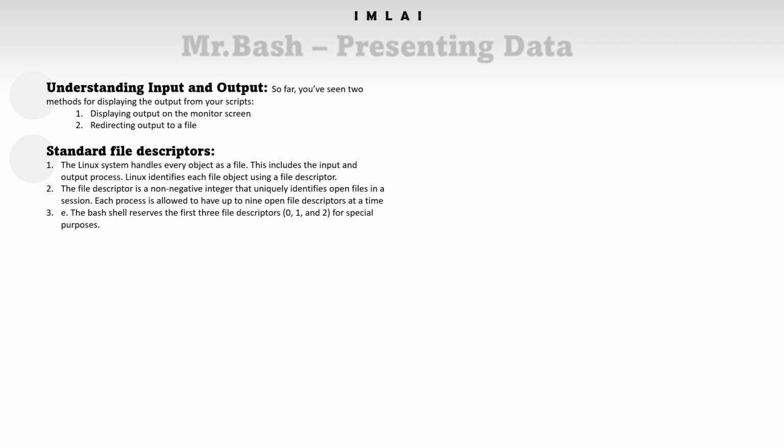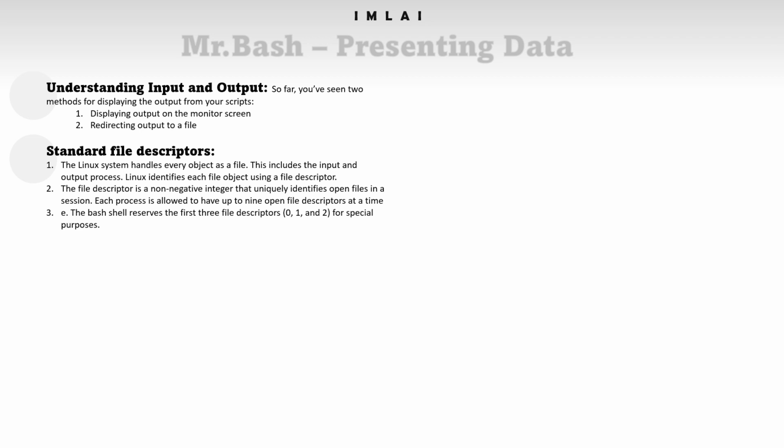The file descriptor is a non-negative integer that uniquely identifies open files in a session. Each process is allowed to have up to 9 open file descriptors at a time. Based on this logic, the bash shell reserves the first three file descriptors, 0, 1 and 2, for special purposes.